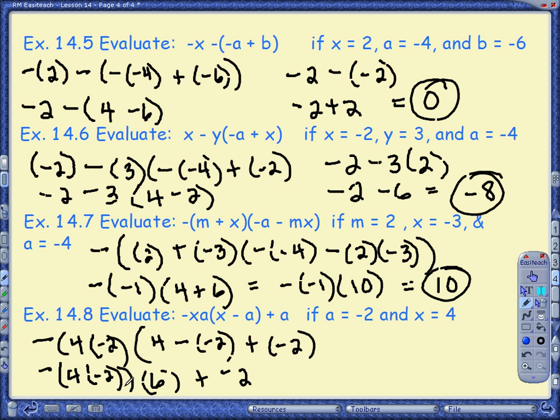So all of this is going to be multiplied together. I have 2 negatives. That makes a positive. 4 times 2 is 8. I'm going to have 8 times 6 minus 2. I have 48 minus 2. And that equals 46. And that concludes lesson 14.